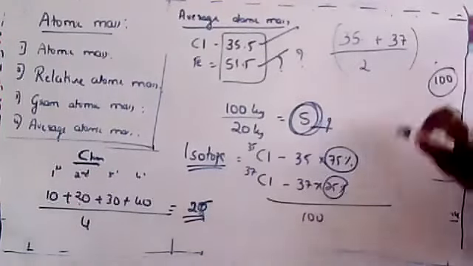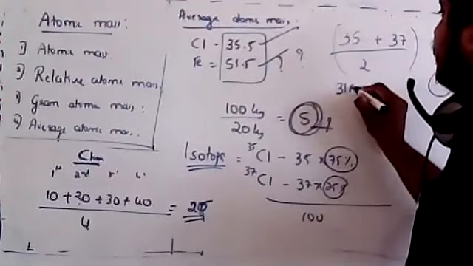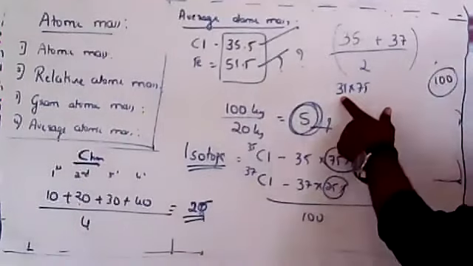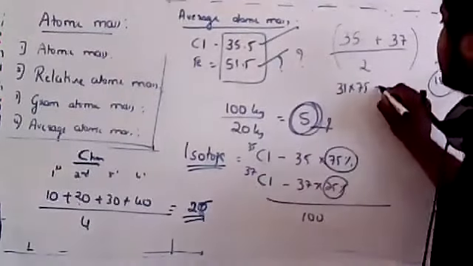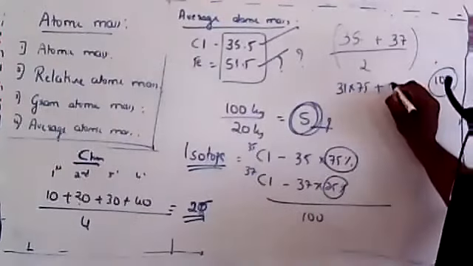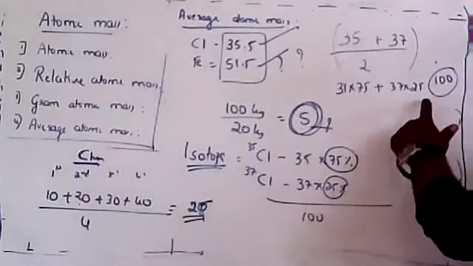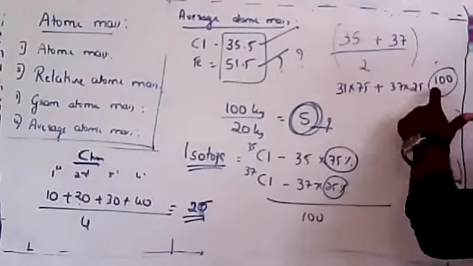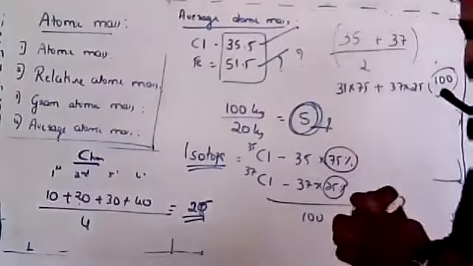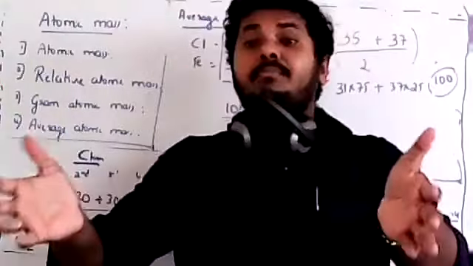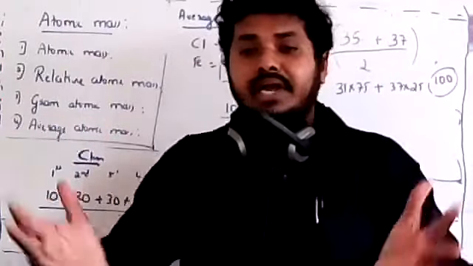So out of 100, there are 75 atoms whose weight will be 35. So I will be getting the total weight of 75 atoms, plus there are 25 atoms whose weight is 37. Are you getting my point? Imagine I have a bucket full of chlorine.